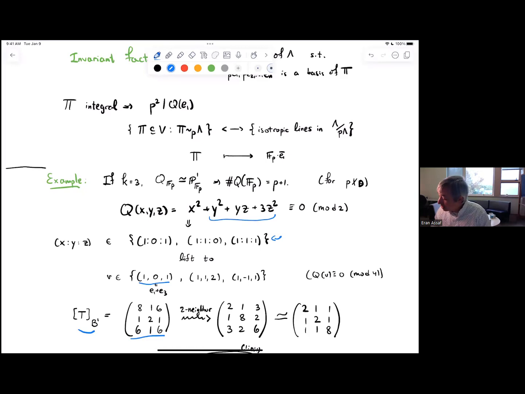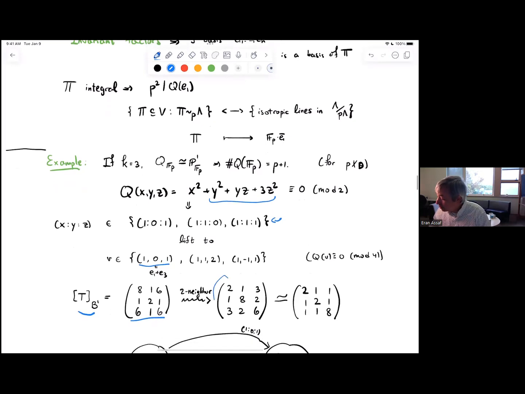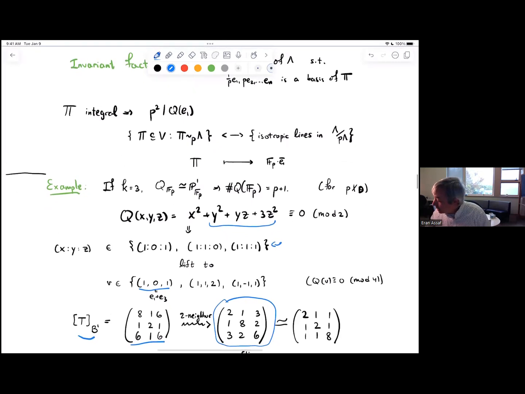And it will give us this new Gram matrix of our two neighbor, the one that we see here. And it's an easy exercise to see that this has another basis in which the matrix looks like the one on the right.